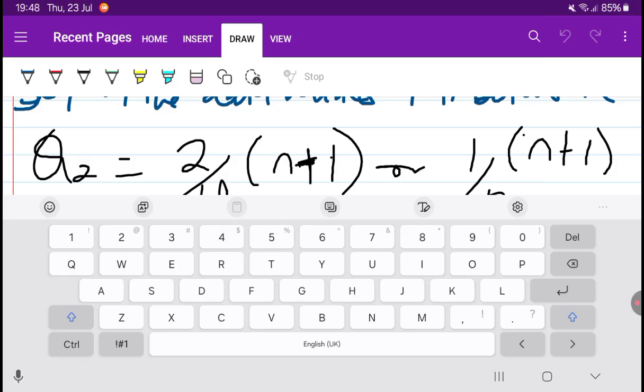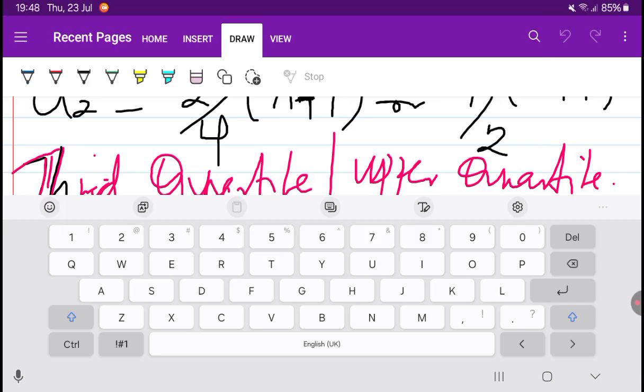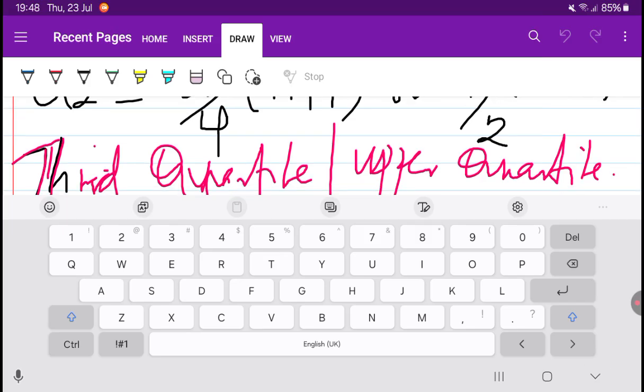So meaning that this is actually the third quartile. I hope you are getting the argument. The whole idea is that Q1 is actually the median of the first half of the ordered observations. That is the implication. If I have a given data set, and I divide it by 2, I divide it into half.